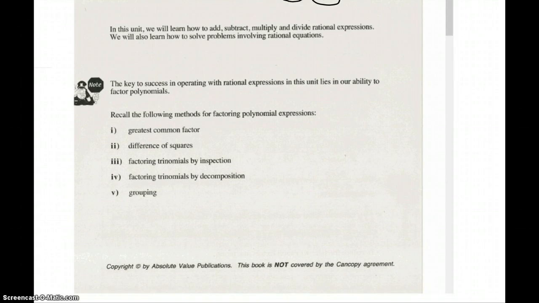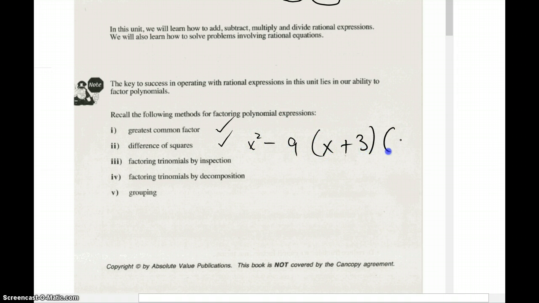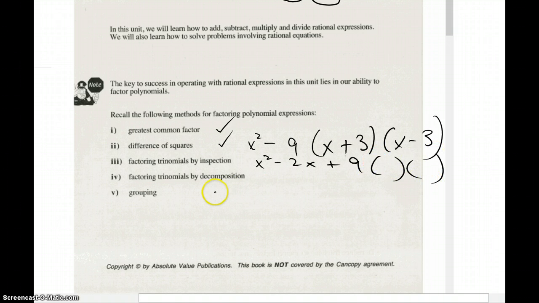Now we have just finished our factoring unit, so you can see that we're going to use the same methods as we had in the past. We're going to find our greatest common factor. We have to remember our difference of squares, x squared minus 9, x plus 3, x minus 3. Factoring by inspection, where I can go directly to my factors.